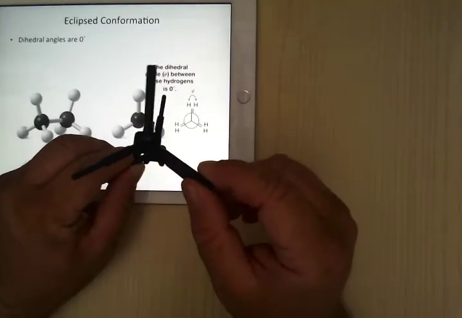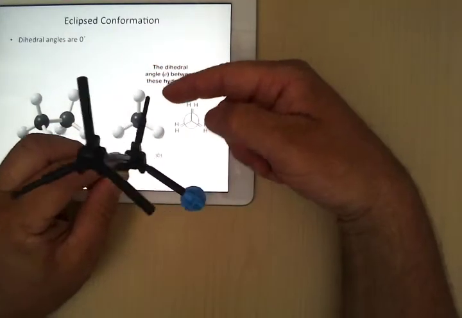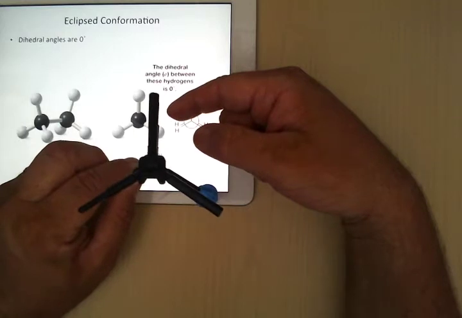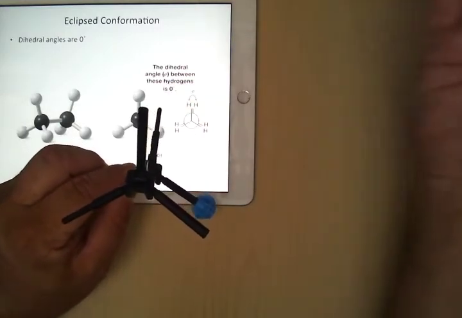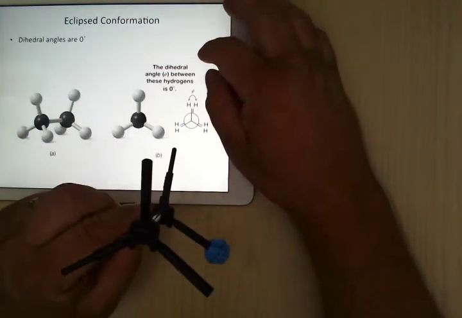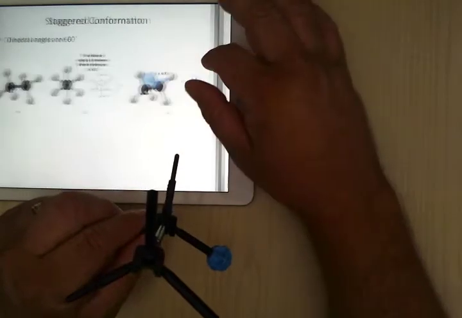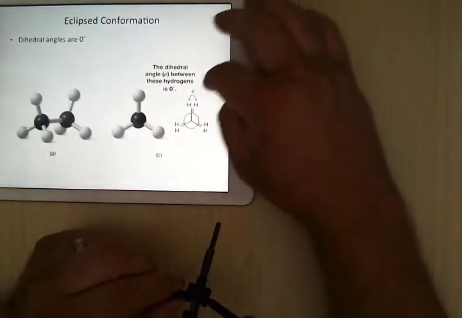If in fact you rotate this around, and the front and the back, there's no difference, right? So they're right on top of each other. This is what's called eclipsed, just like a solar eclipse, right? The sun and the moon get in the way of each other. We'll talk about anti in a second.